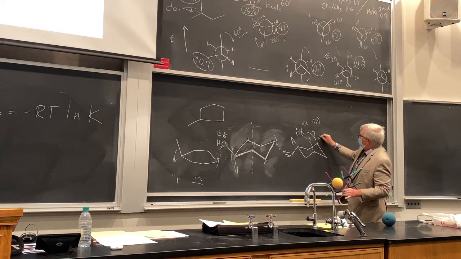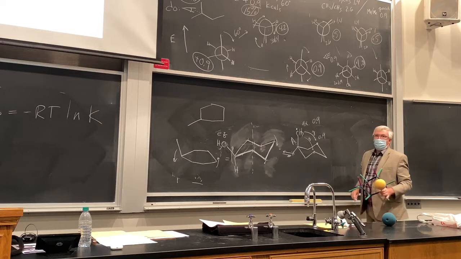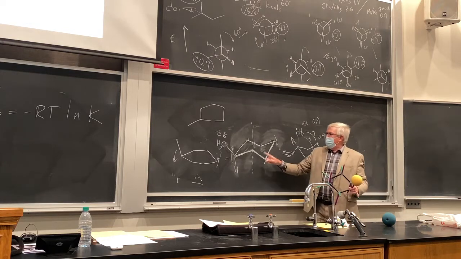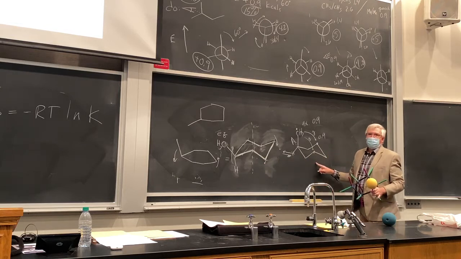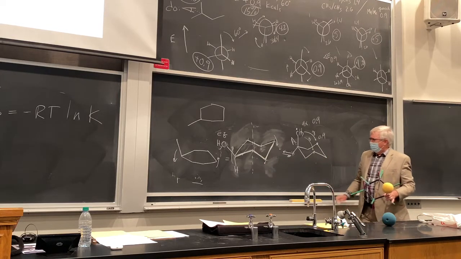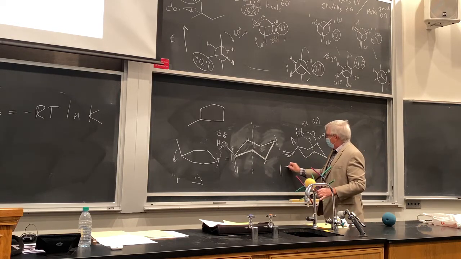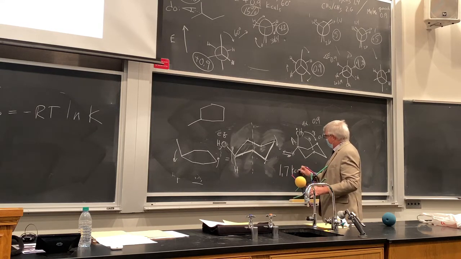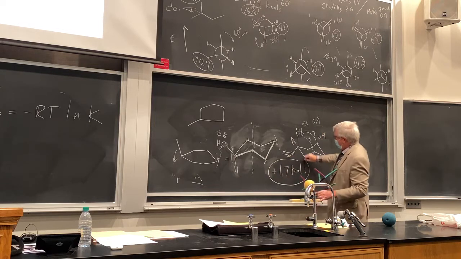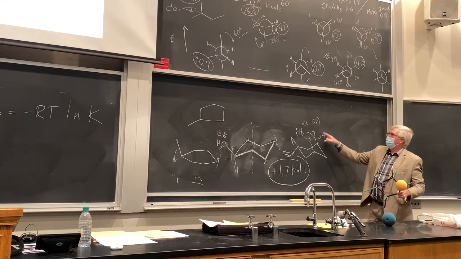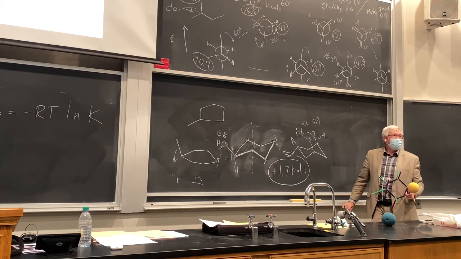0.9, right? And 0.9. So what about the energy difference between equatorial methyl cyclohexane versus axial methyl cyclohexane? Well, the measured amount is actually 1.7 kcals, which is an amazing number because it's what? Approximately 2 gauche interactions.